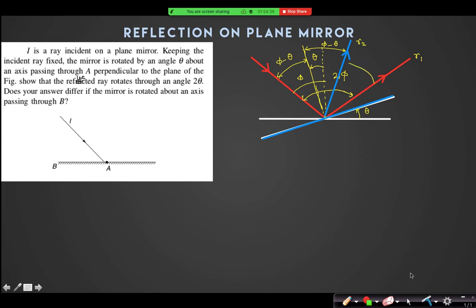So how much has the reflected ray changed? 2 theta. This is equal to 2 theta, right? So it will rotate through angle 2 theta. That from simple geometry you can find, right? And as it is a rigid body, you rotate about any point, the normal will also rotate by the same angle theta. So it does not matter whether the axis of rotation passes through A or B, right? It is the same angle theta it will rotate.